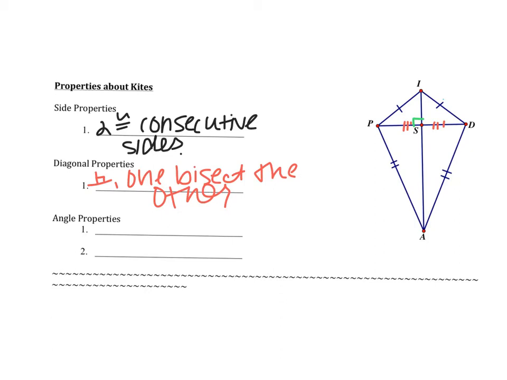And finally, the angle properties. The angle properties of a kite go off of which diagonal bisected the other diagonal. So IA bisected PD. So IA is also going to bisect one set of opposite angles. So one diagonal bisects one set of opposite angles.